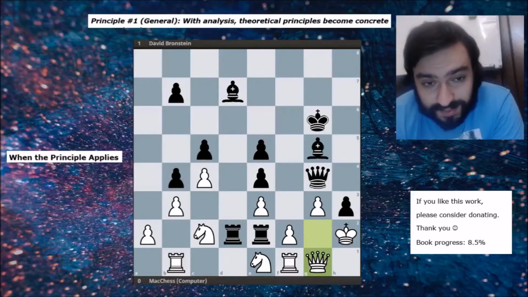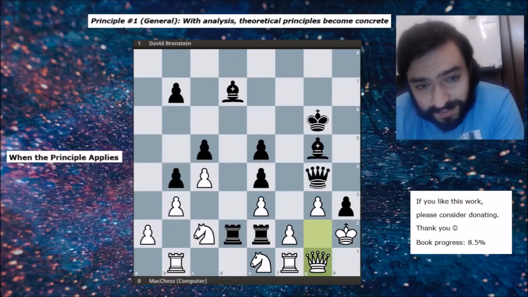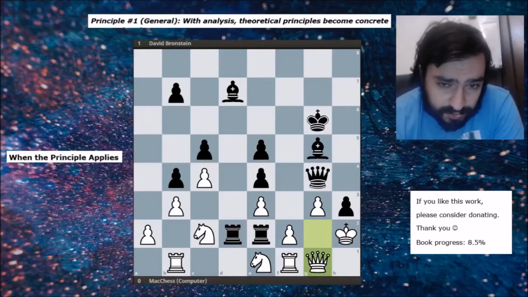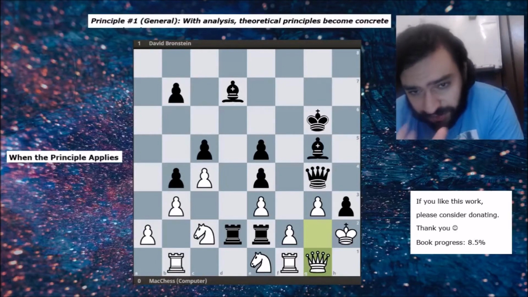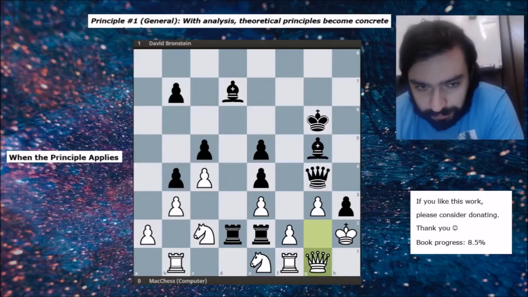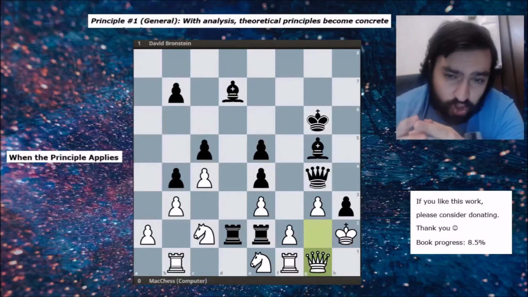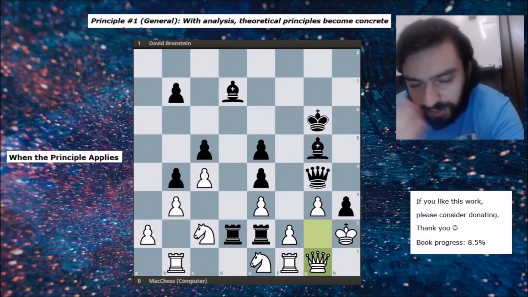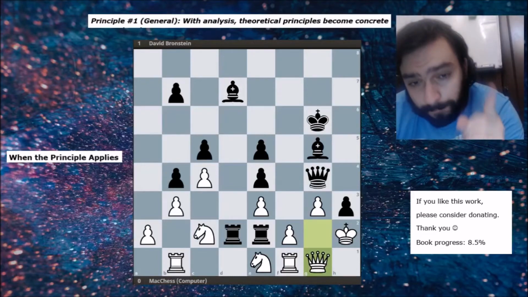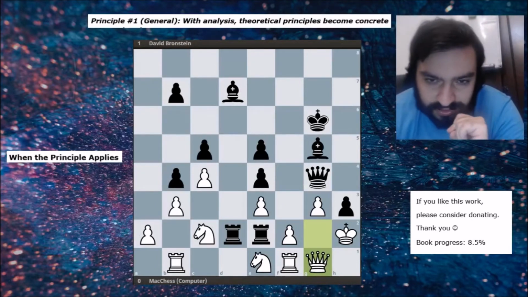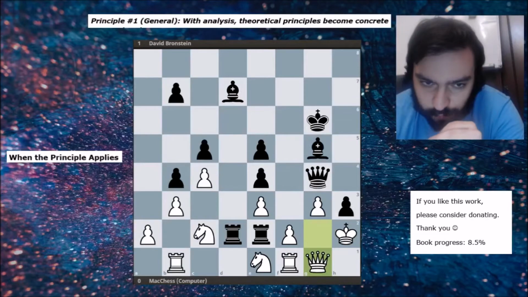So when does this principle apply? This principle applies in all analytical positions, which are positions in which knowledge is of little importance. In such positions, knowledge of principles is used to evaluate the positions at the end of a specific calculation, but is of little use when calculating out a sequence of moves.